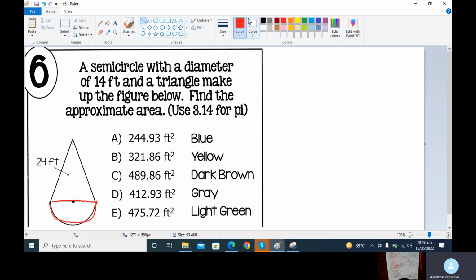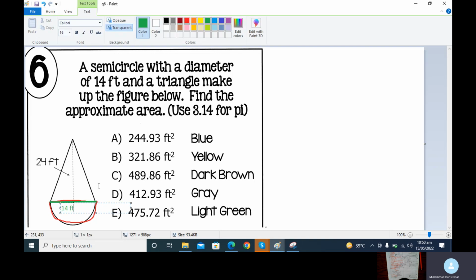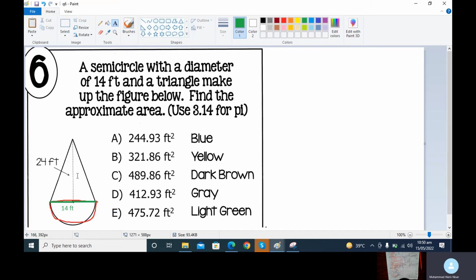The diameter is this one, isn't it? The diameter of 14 feet. 14 feet is the diameter. You can write it there. And a triangle makes up the figure below. So this is a triangle.